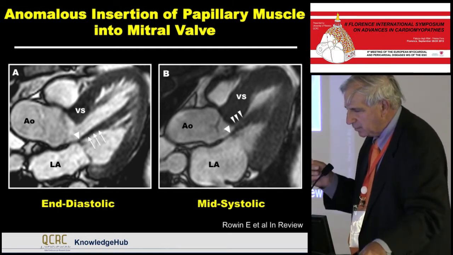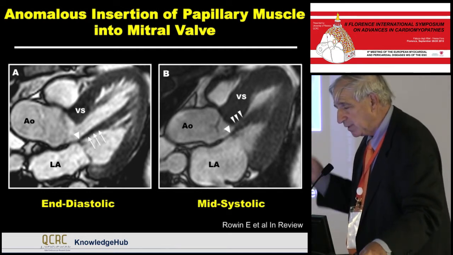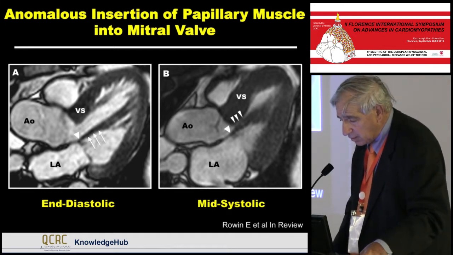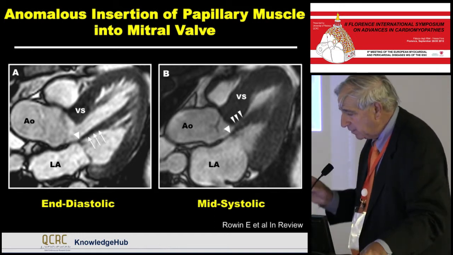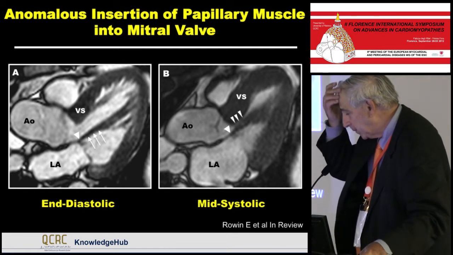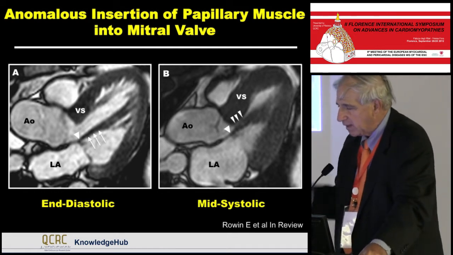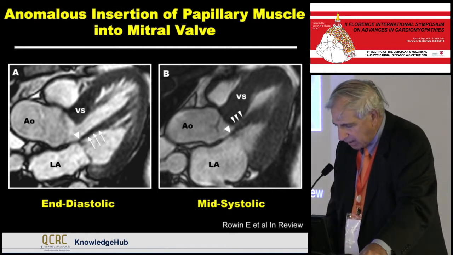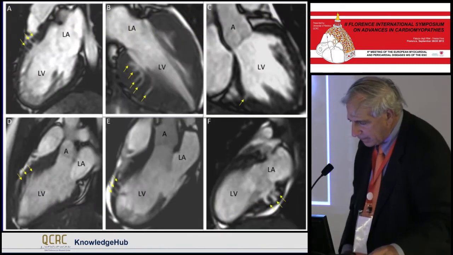And its presence pretty much should contraindicate alcohol septal ablation to relieve obstruction. So it's another image. You can see that the anterolateral papillary muscle inserts directly into the anterior leaflet of the mitral valve in the absence of chordae tendineae. Another image that has clinical relevance.